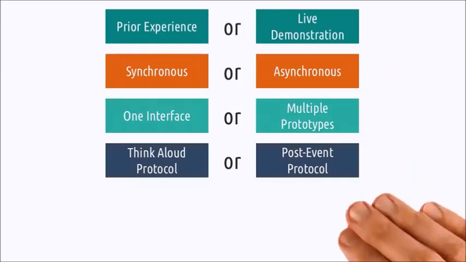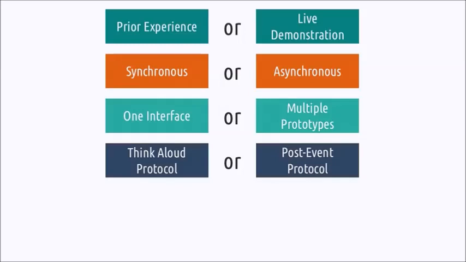A post-event protocol has the drawback that you're only getting the user's feedback at the end. So if they experience some difficulty early on, they may have forgotten it by the time you actually get feedback from them. But a think aloud protocol has a problem in that it might introduce some new biases. Research shows that when users are asked to think out loud while using an interface, the way they use the interface actually changes.